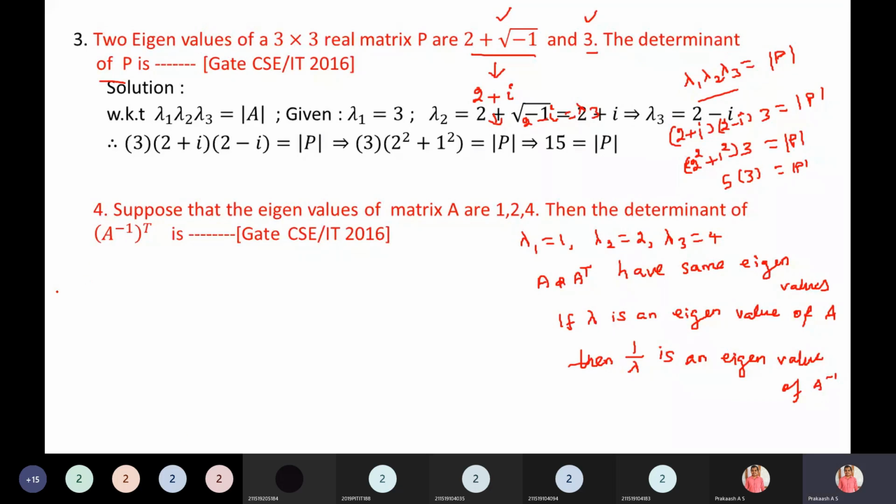I want to find the A inverse eigenvalues. The eigenvalue of A is 1, so the A inverse eigenvalue is 1 by 1.